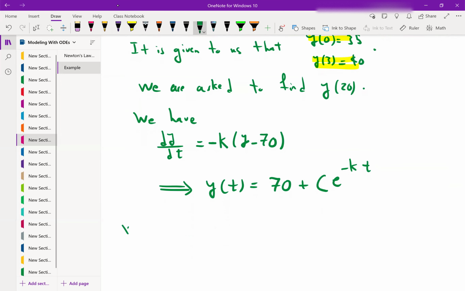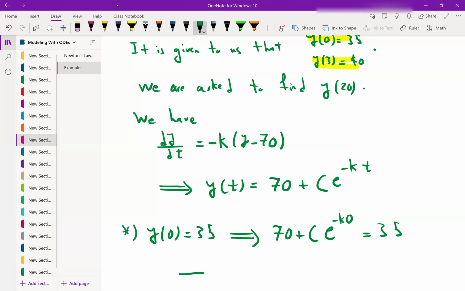So I'm going to use my first piece of information. I know that y at 0 is 35. So what is y at 0, when t is equal to 0? I will have 70 plus C times e to the negative k times 0. That is y at 0. This is equal to 35. e to the 0 is 1.